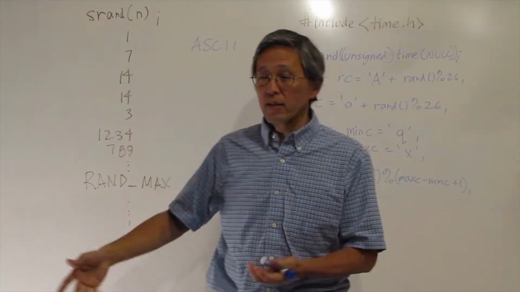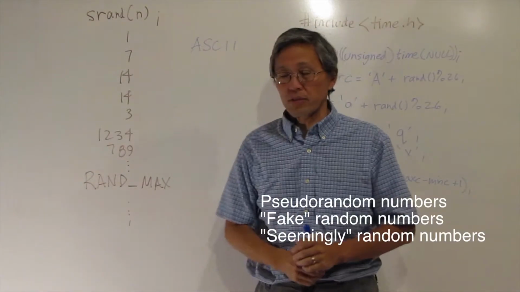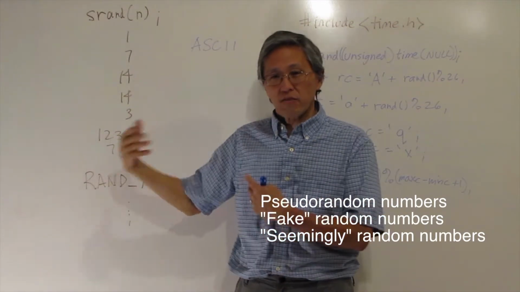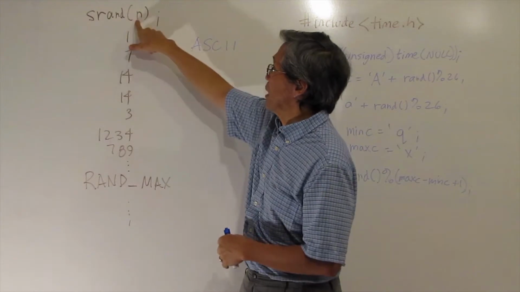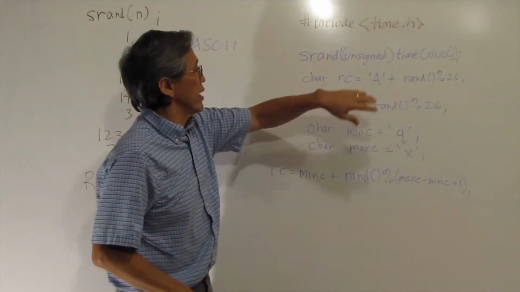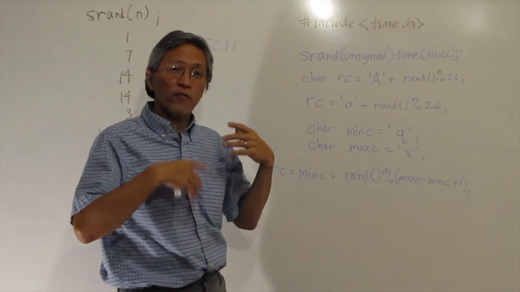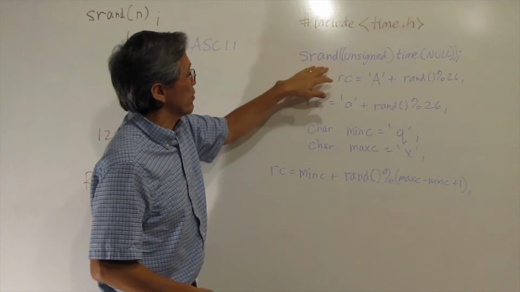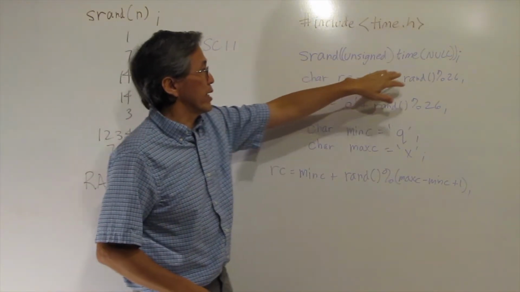In reality, they are pseudo-random numbers, like I've said before, but you can think of them as a list of random numbers where you get the same one every time if you have the same number. If you want different random numbers every time you run the program, then you want to use something like srand(unsigned(time(NULL))).